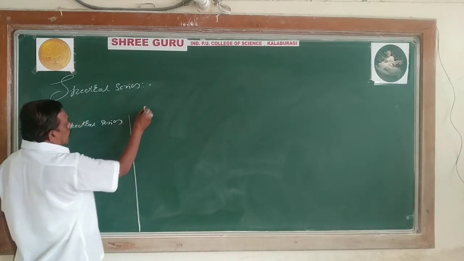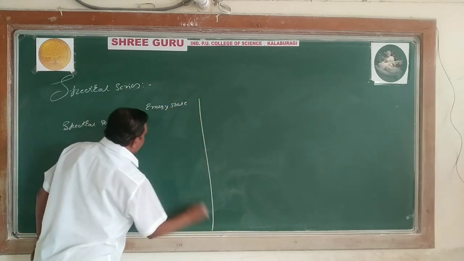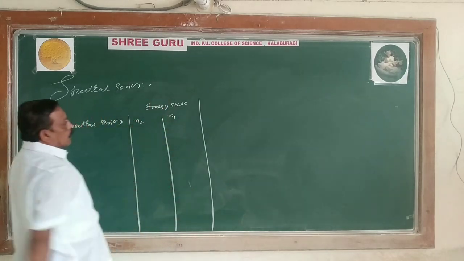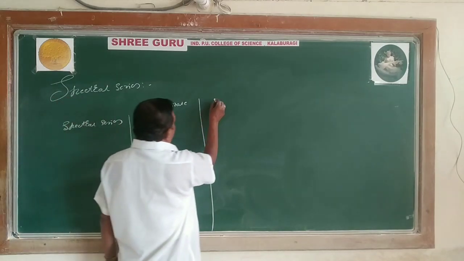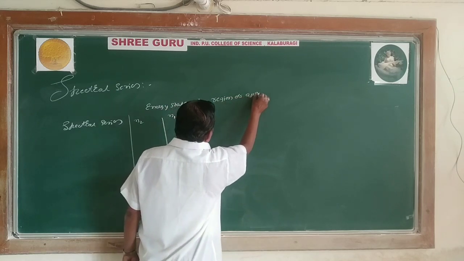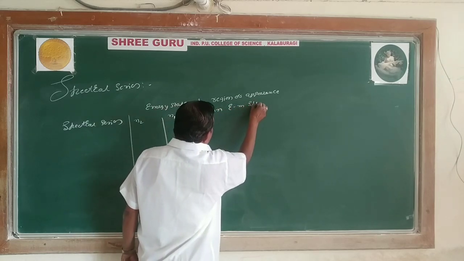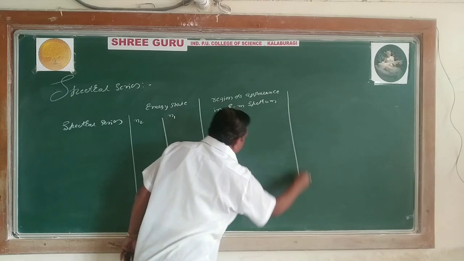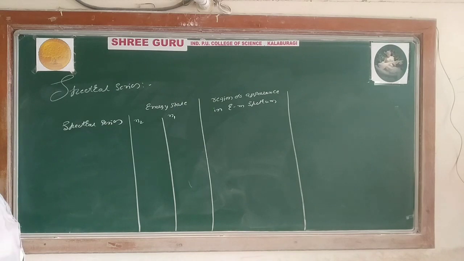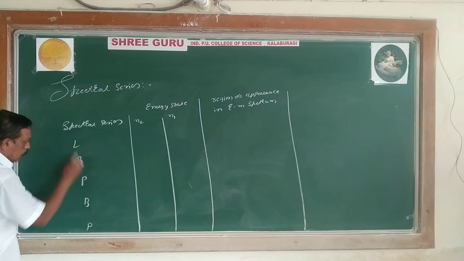This is nothing but the energy state: higher energy state n2, lower energy state n1, and the region of appearance in the electromagnetic spectrum. We can make a simple hint: LBP BP, low BP BP.